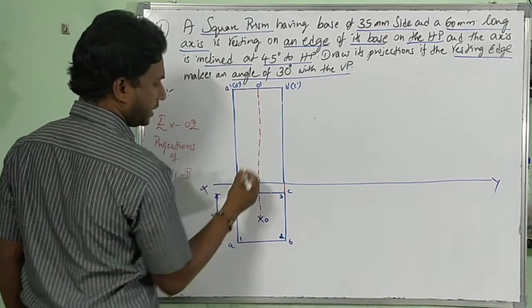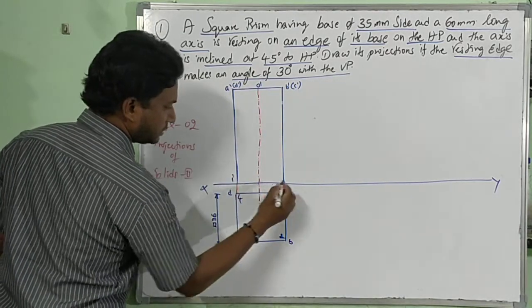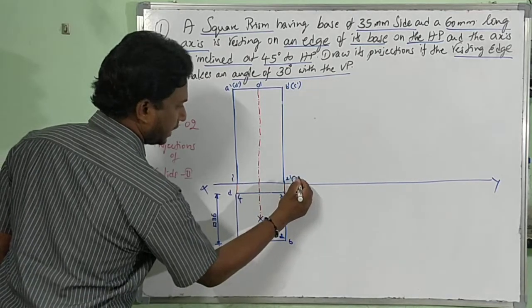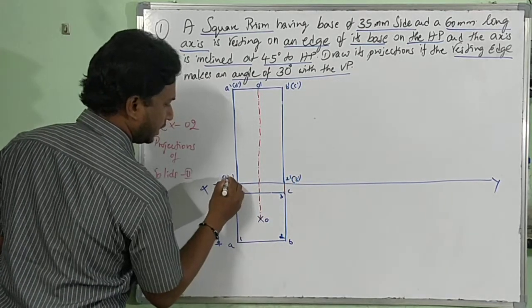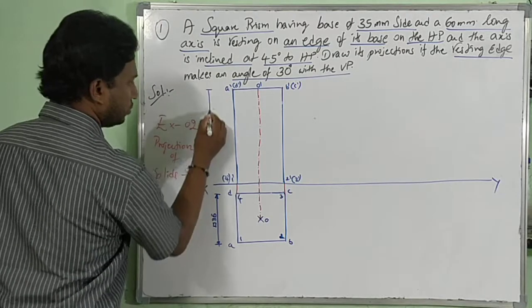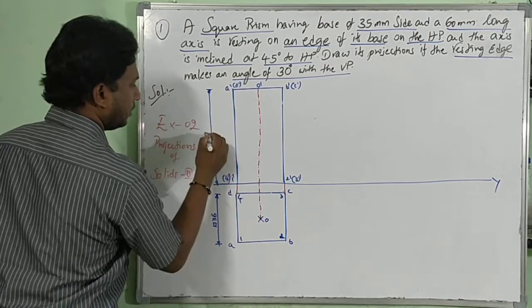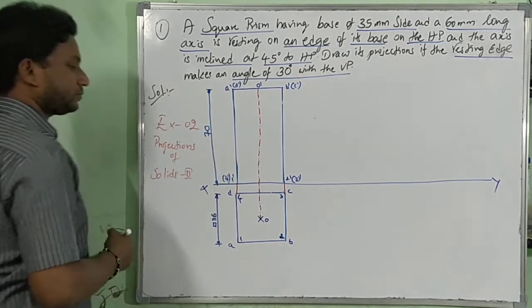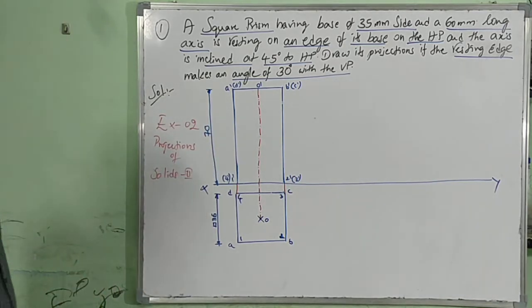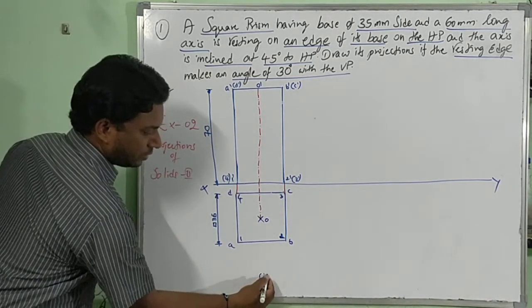Now here comes O dash. Here 1 dash, 2 dash, bracket 3 dash, bracket 4 dash. You can show the dimension as axis height of 70. This is position number 1.